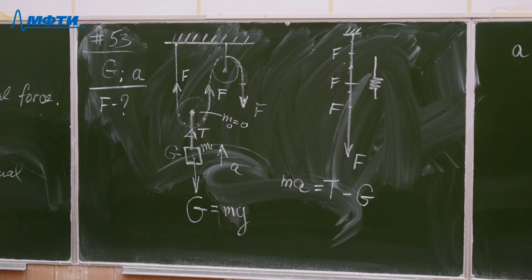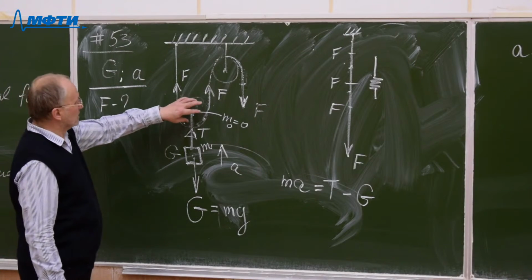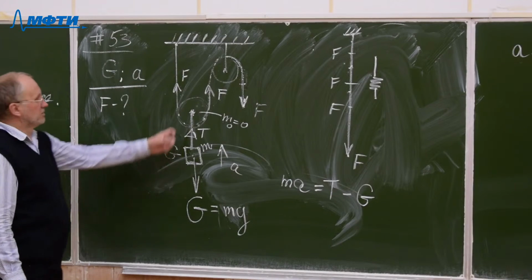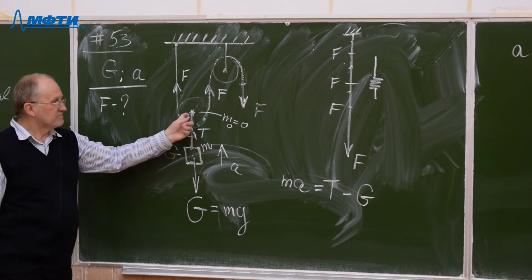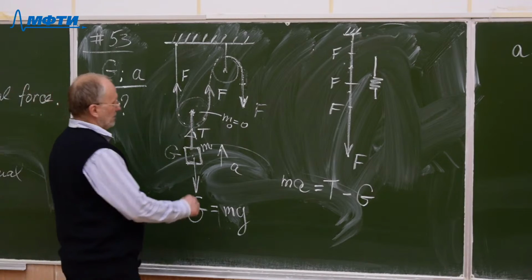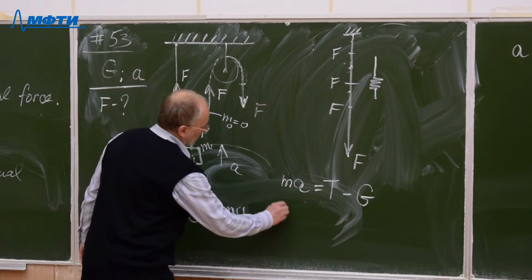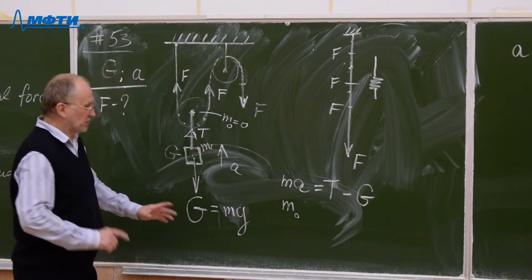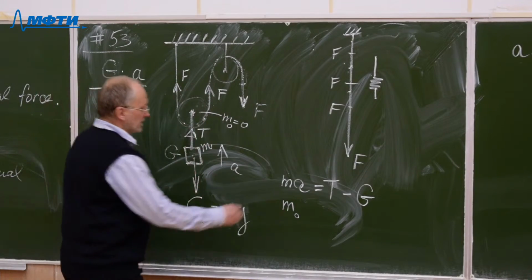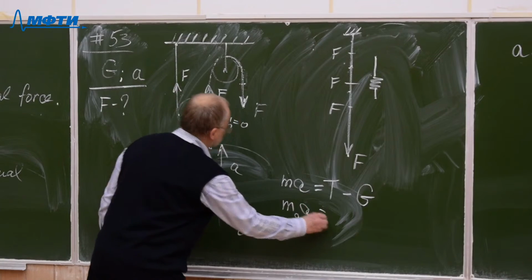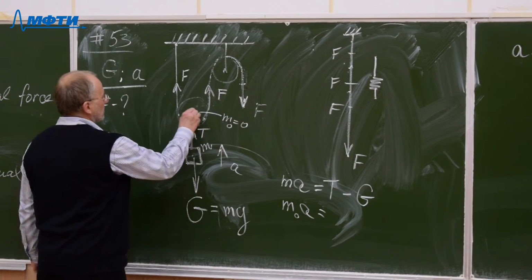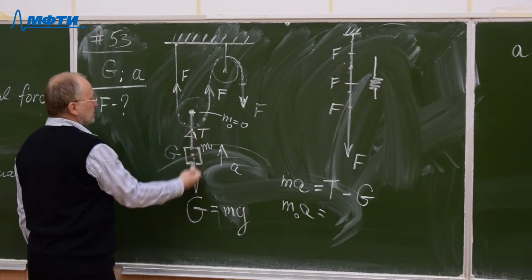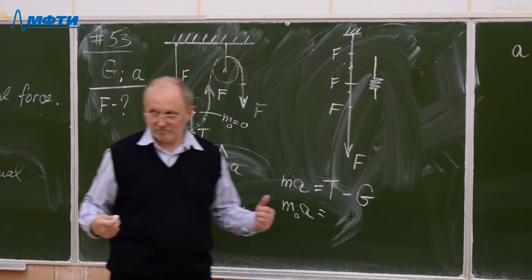So if there is some very small mass, we can apply Newton's law to this pulley. How to do it? Again, the mass of this pulley, m0, which is very close to 0, times acceleration, and note that the acceleration of the center of this pulley and this body will be the same because they are connected by a non-stretchable string.